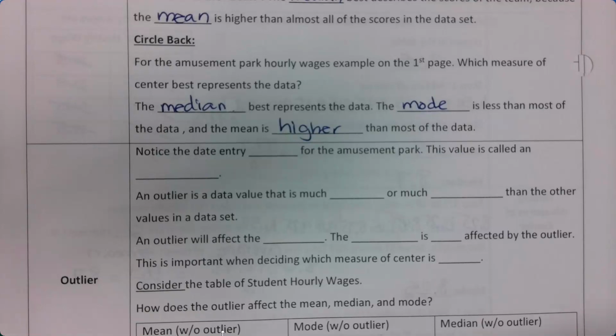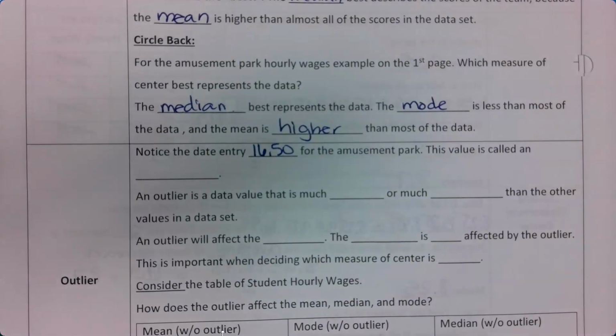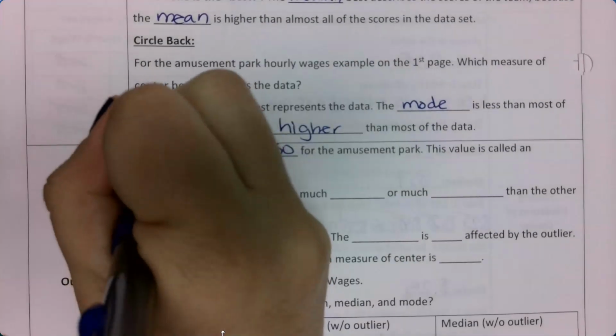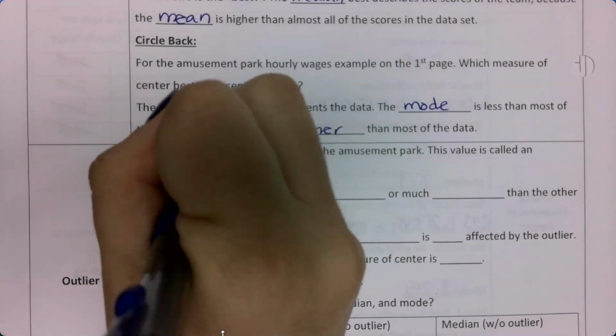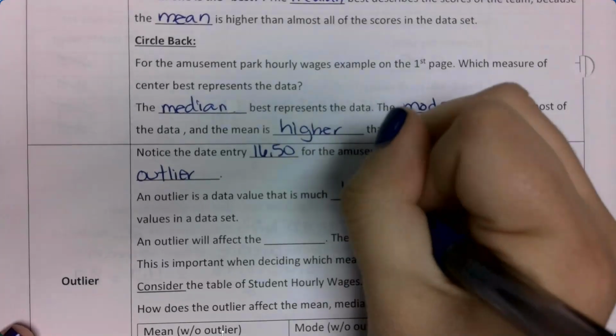Okay, so I kind of mentioned this earlier. The value of 16.50 on the amusement park is way different than the rest of the values. This value is called an outlier. So an outlier is much less or much greater than the rest of the data.